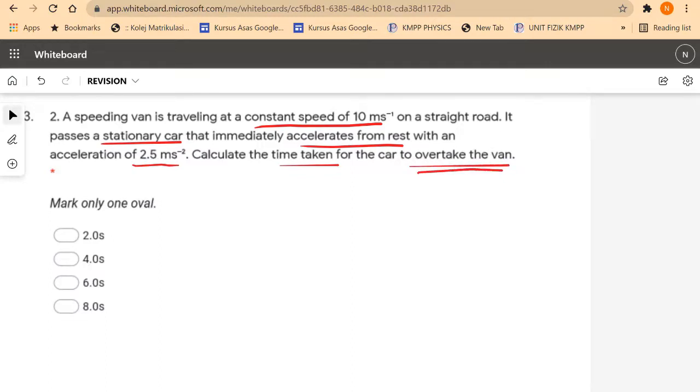So the car overtakes the van, that means the total displacement of the car equals the total displacement of the van, at the same time.